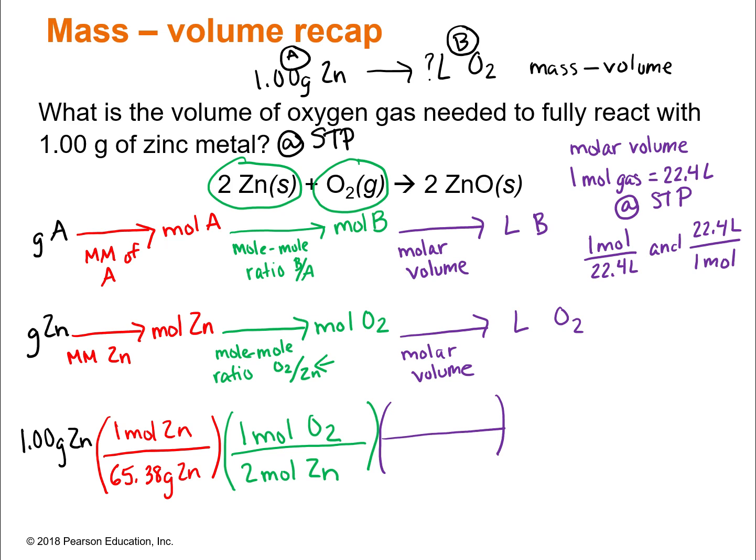If we need to go from moles to liters, which one am I going to use? The first one or the second one? I'm going to go with the second one.